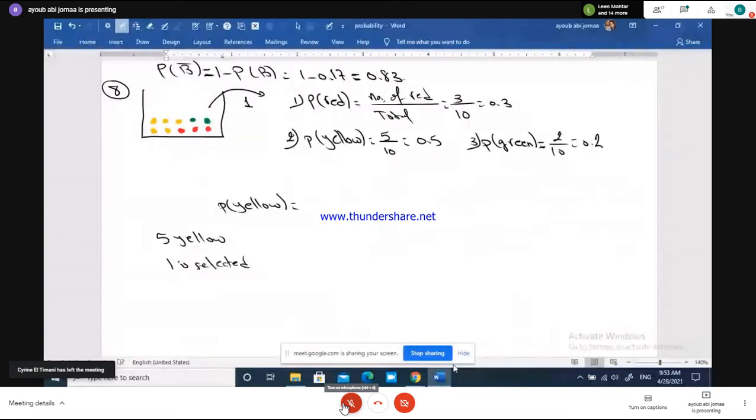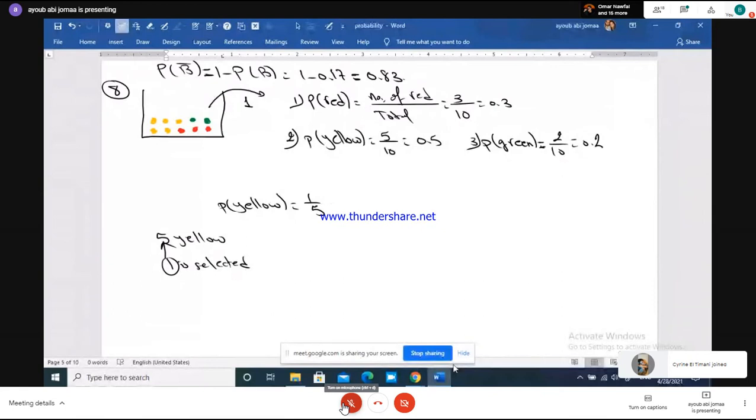Then we must have 1 from 5, so the probability will be 1 over 5. Again, see how some students talk. The probability of yellow, like you said, we have 5 yellow marbles and we are selecting 1 from 5, so the probability will be 1 over 5. Done.